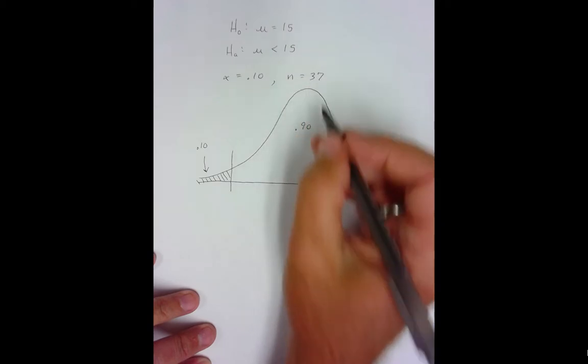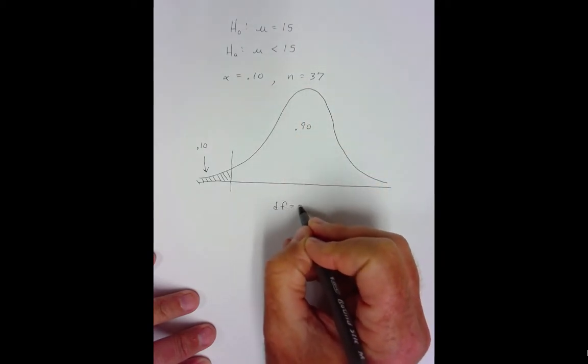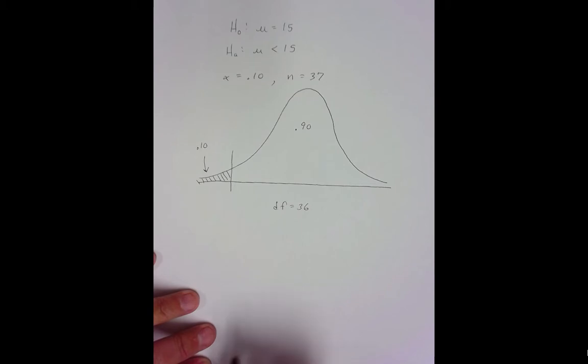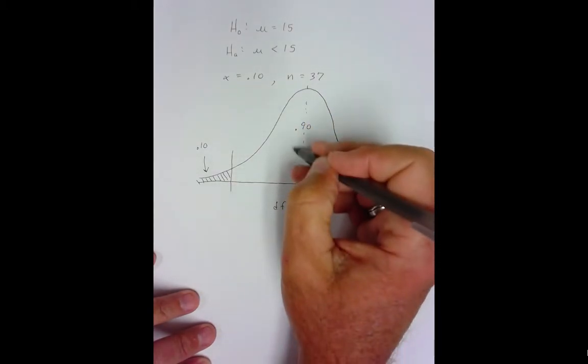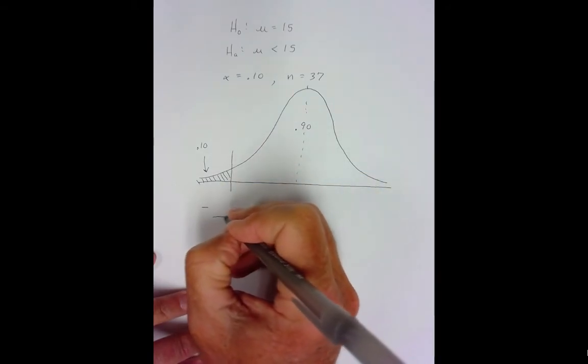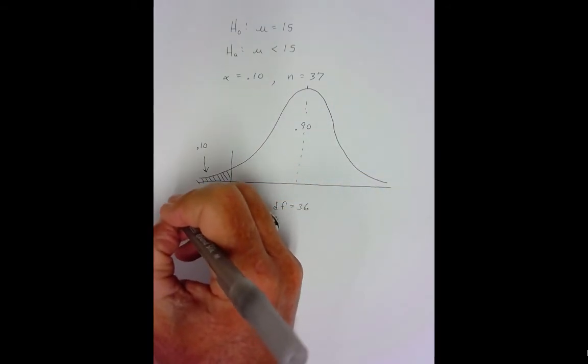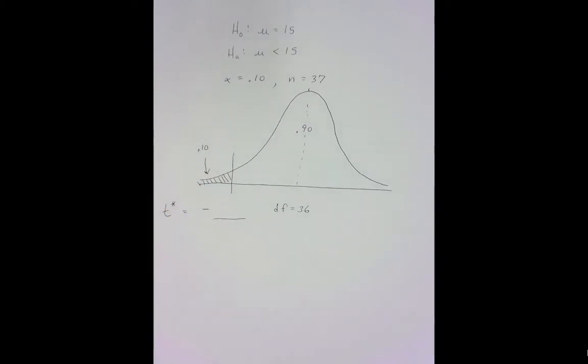A sample size of 37 says we have degrees of freedom of 36. And because this is to the left of center, I know that my T critical is going to be a negative number. So I can do this one of two ways. I can find the value that has 90% of the area to the right, or I can find the value that has 10% of the area to the left, degrees of freedom 36 in both situations.